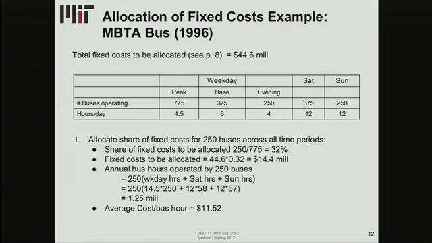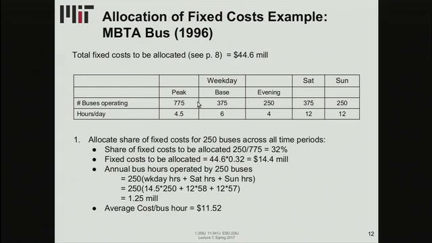So let's do that. We have to do this allocation, and we can start with one way of looking at this: these evening buses, 250 evening buses, are also operating in the base and in the peak, right? Then there's an additional 125 buses that are operating only in the base and on Saturdays, right?